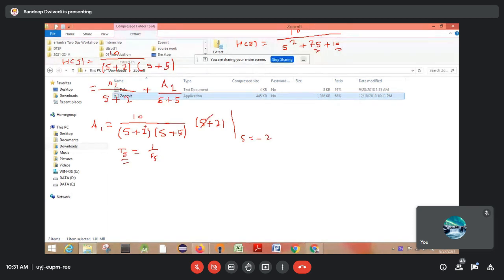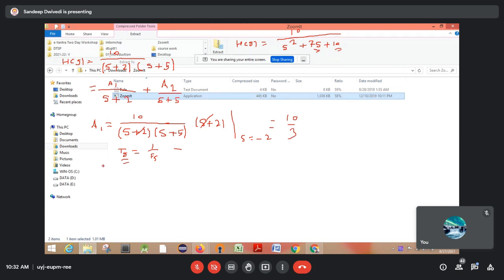This s plus 2 will be cancelled, and s is minus 2, so this will be minus 2 plus 3, so this will be simply 10 by 3. So a1 will be simply 10 by 3.